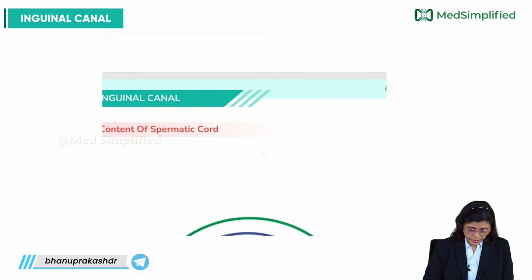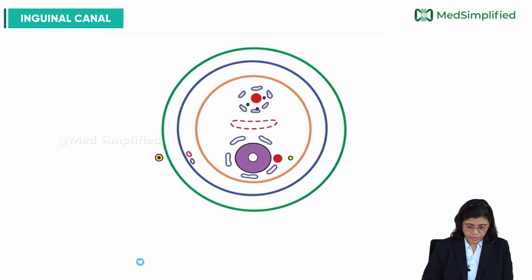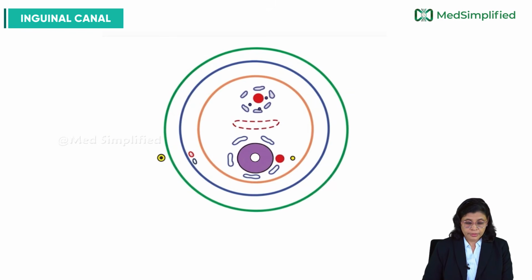Just a word about the contents of the spermatic cord. What are the structures covering the spermatic cord?